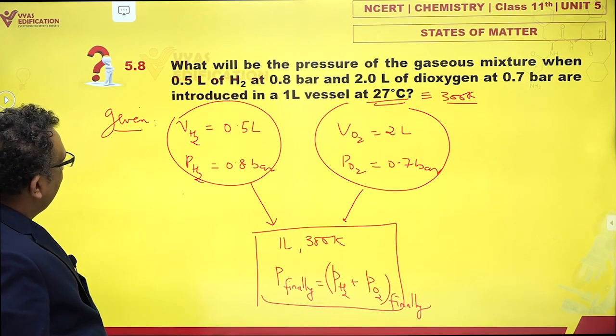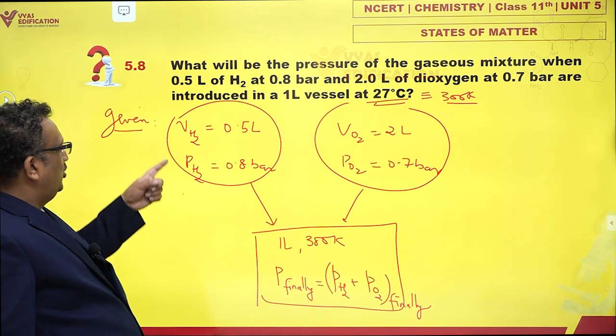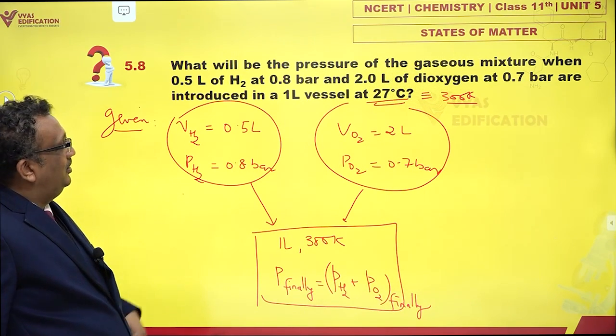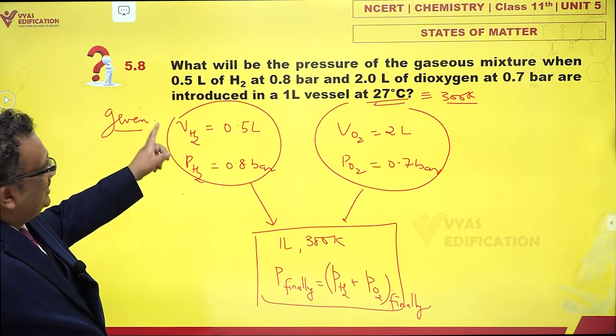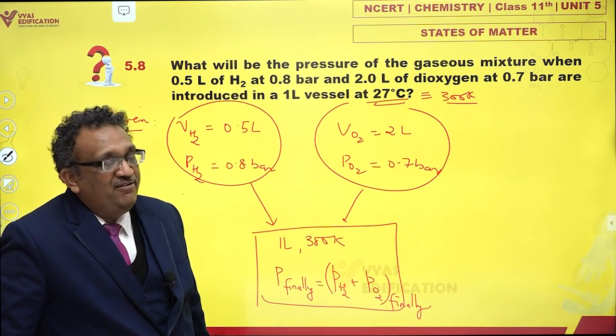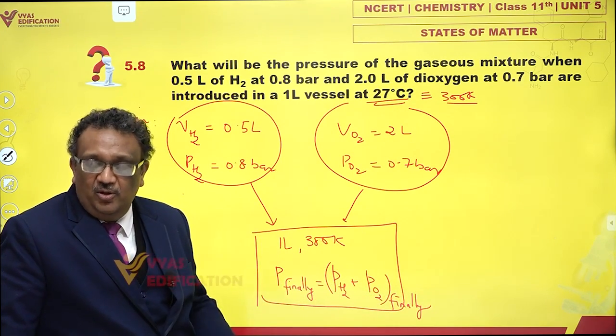Well, all I need to do is, when I have this much volume and this much pressure, temperature is not mentioned. And since nothing has been given, I am left with no option but to assume that temperature is constant throughout, otherwise the problem cannot be solved.